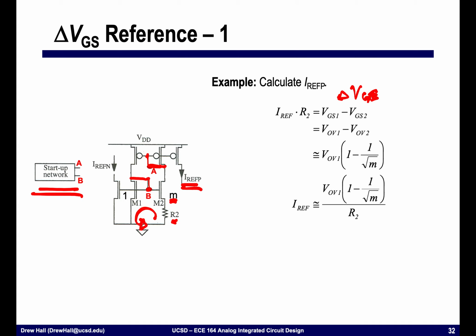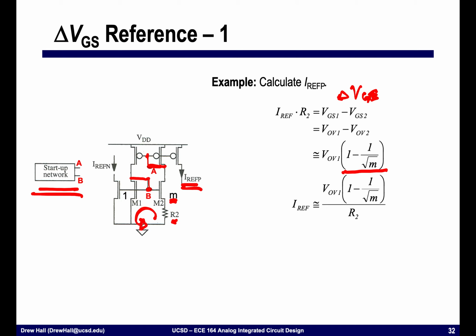And so if I factor out and solve for VOVs, then I can start to pull into this the sizing of the device, where I get this root M based on the VOV expression and how we size M2 relative to M1.